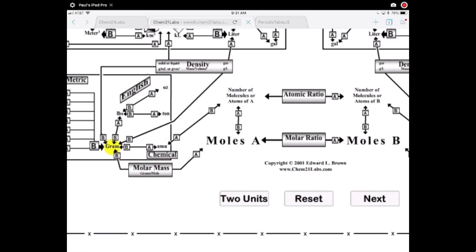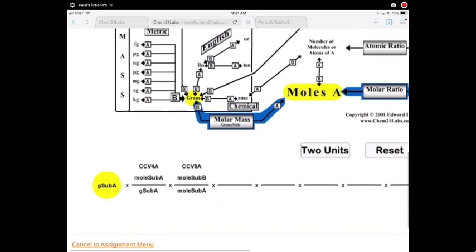Where can I go next? What's the direct relationship? I convert grams of A into moles of A. And then once I have moles of A, I can go to moles of B. What this tells me is I have 2 multiplication steps to get where I want to go.